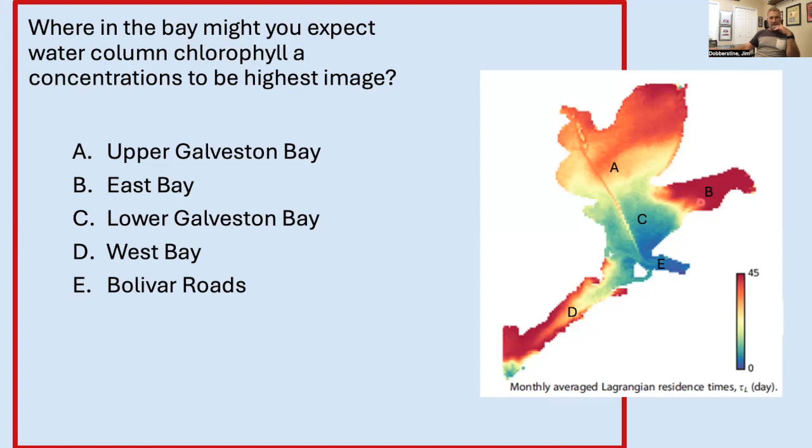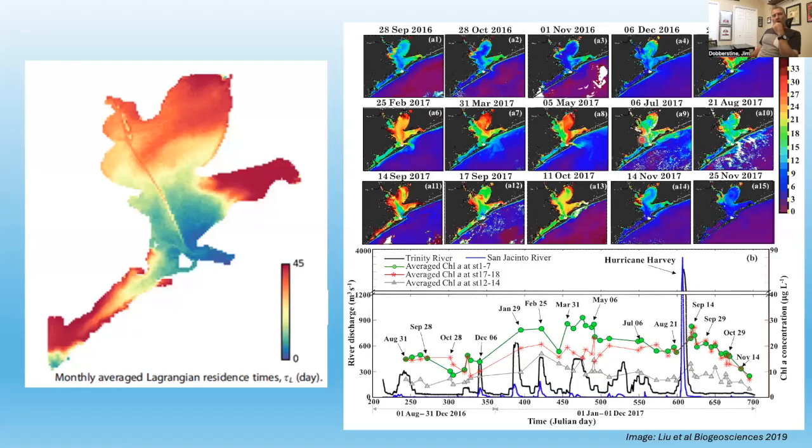I would also accept, to a lesser extent, this far end of West Bay and then this upper part of Trinity Bay. But again, there's a lot happening here, right? You've got some seasonal things going on, both in terms of light and temperature, and in terms of water flow.